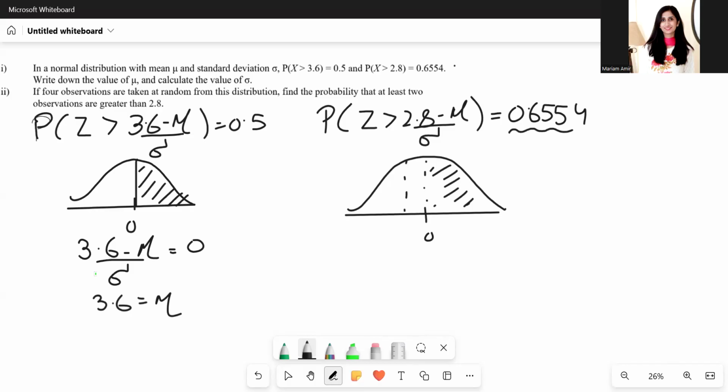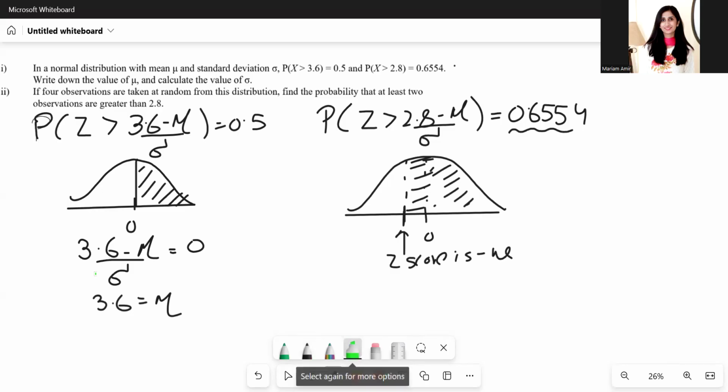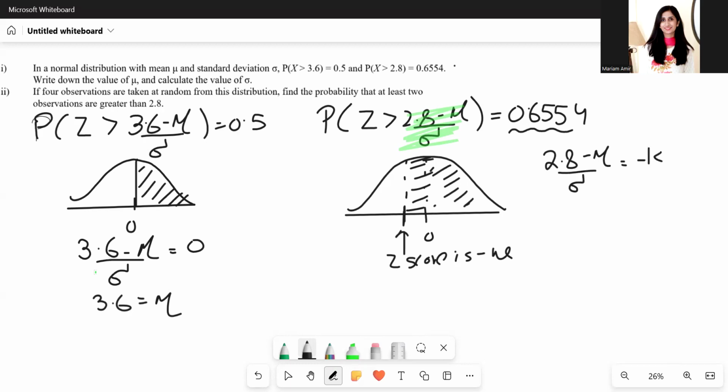That means we shade some part towards the left of 0 as well, which means this z value is some negative value. So we can write: let (2.8 minus mu) upon sigma be equal to some negative value.